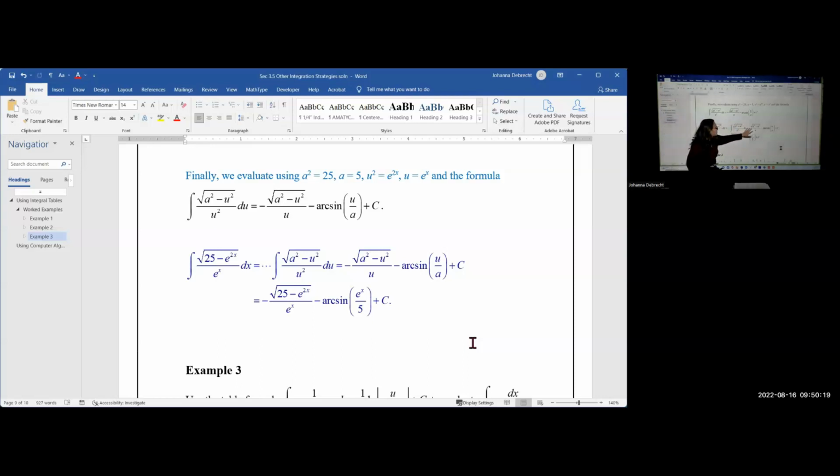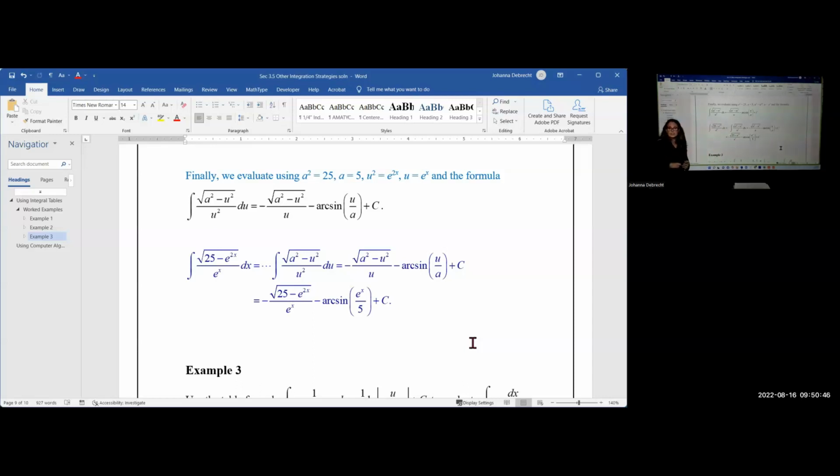So rewriting, I come up with this formula right here. I replace a squared with 25, replace u squared with e to the 2x, replace u with e to the x, and replace a with 5. And this becomes the antiderivative of that original integral, but in terms of x.